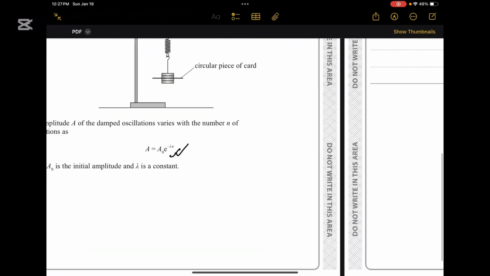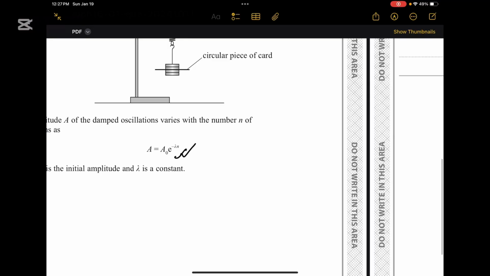First of all, what we can do is take logs of this expression. ln A is equal to ln A naught minus lambda n, right? This is what we get when we take logs, because ln e is equal to 1.